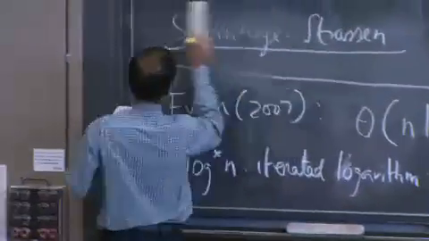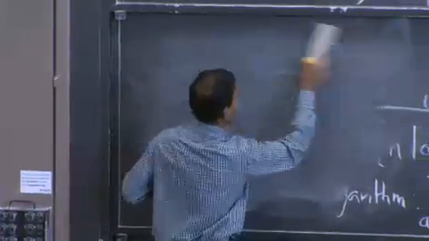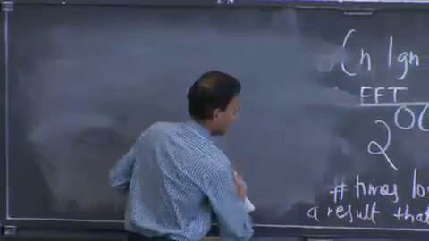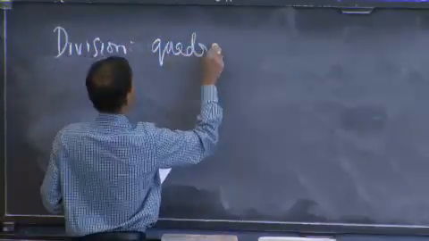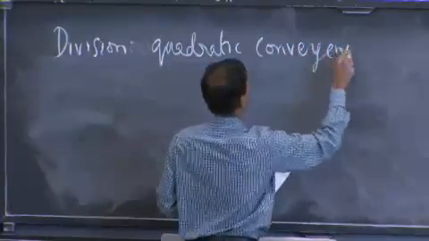I want to talk about complexity. And I promised that there was a subtlety associated with the complexity of division in relation to multiplication. But let me just write down what I just told you with respect to the number of iterations that division requires. So division has quadratic convergence.